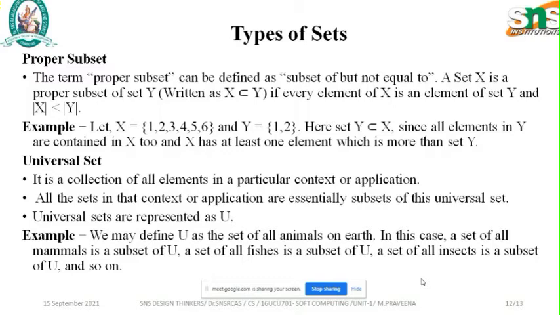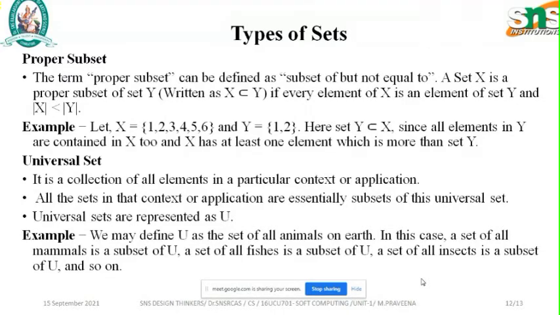All the natural numbers is also an example for a universal set. So all the sets in that context or application are essentially subsets of the universal set. The universal set is represented using the symbol U.